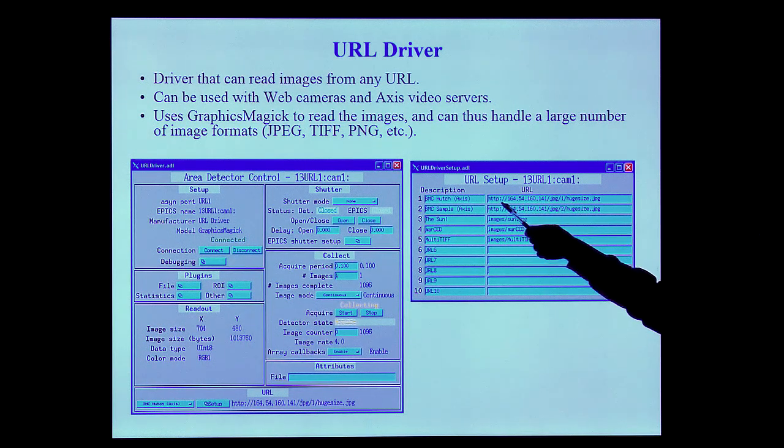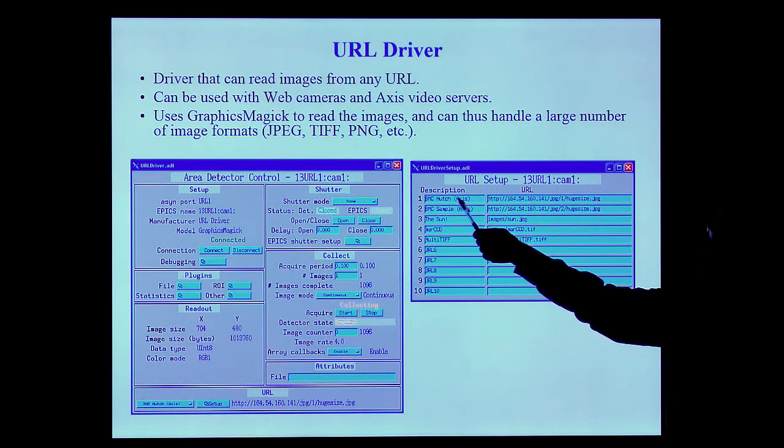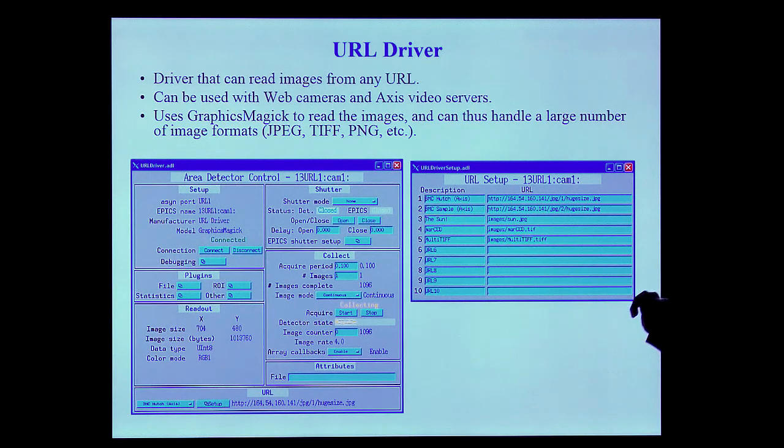And this for instance, is an Axis video server that we have running in a station. And every time a new image comes in, it refreshes this file called hugesize.jpg. Right? So all I'm doing is periodically reading that file, and now I'm seeing the images on that web camera, on that Axis video server, which is effectively a web camera.